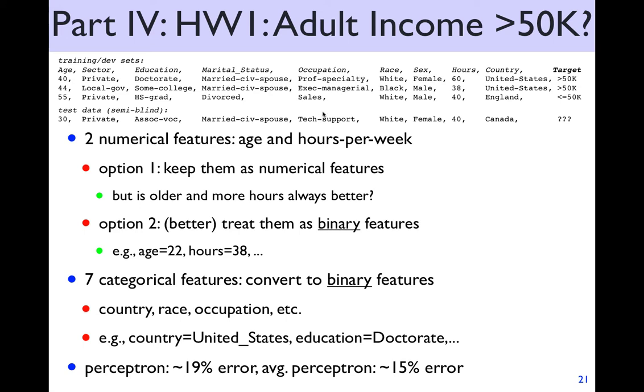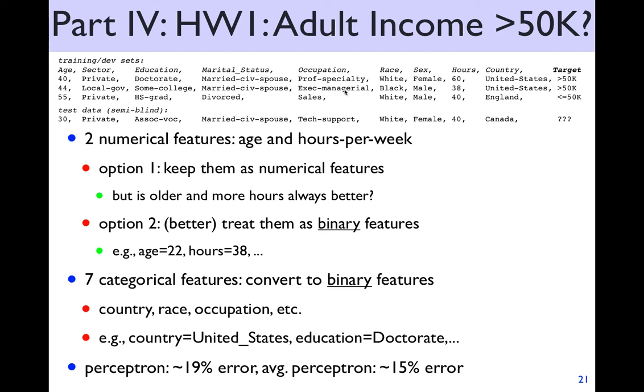There's tech support, there's farming, there's sales, there's professional, managerial, whatever, and race, there's white, black, Asian, Hispanic, whatever. I don't know how many, like 8 dimensions, sex 2 dimensions, hours per week, maybe 100 dimensions, country of origin, I don't know how many dimensions either. Right, so if you add them up, that will be about 230 dimensions, a lot, right?